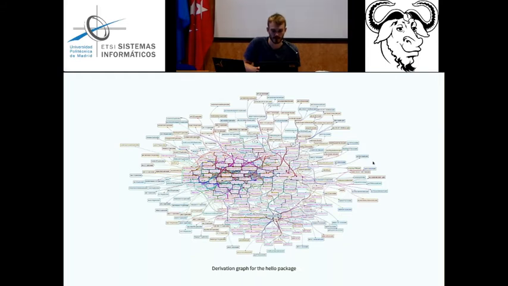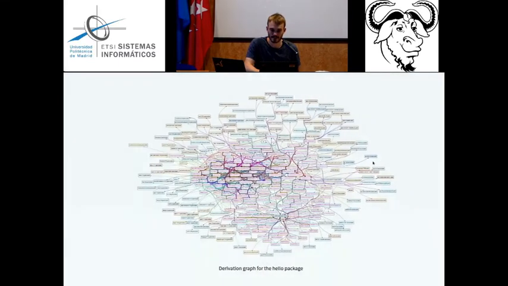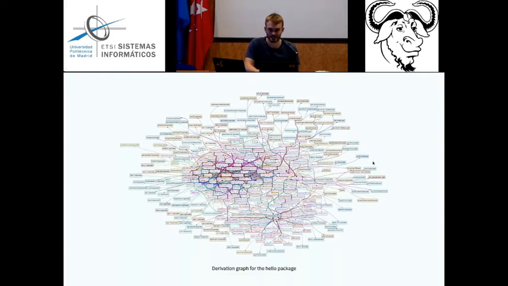So I forget what's in different places in this graph, but somewhere in there will be one box, which is the actual hello package, and everything else is all the intermediate bits that go into producing it. But this is all what you get from this package definition, plus all the implicit things that go into it. Any questions on that?